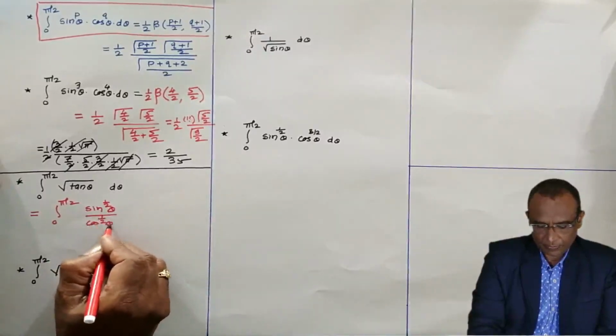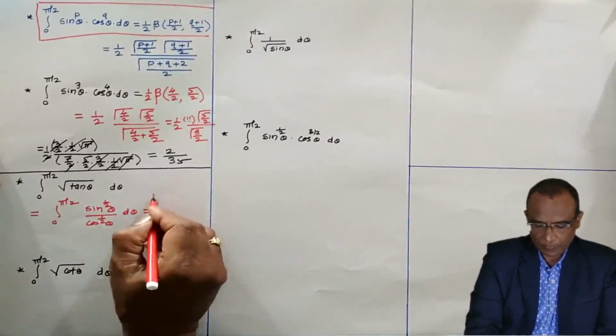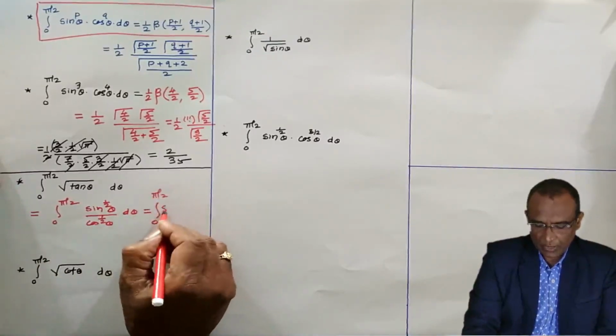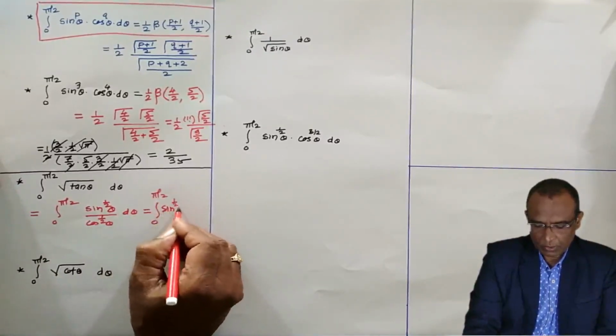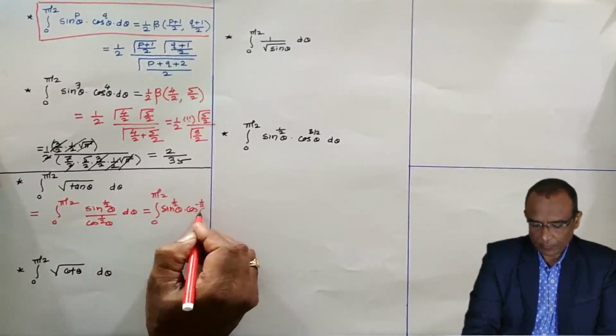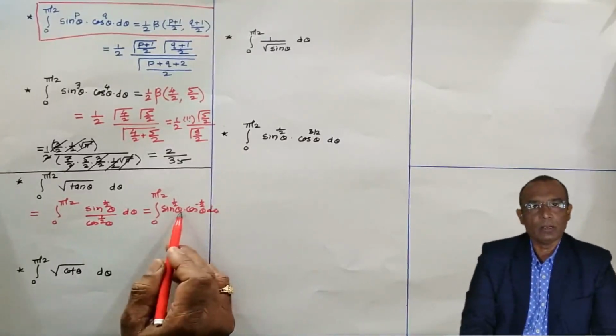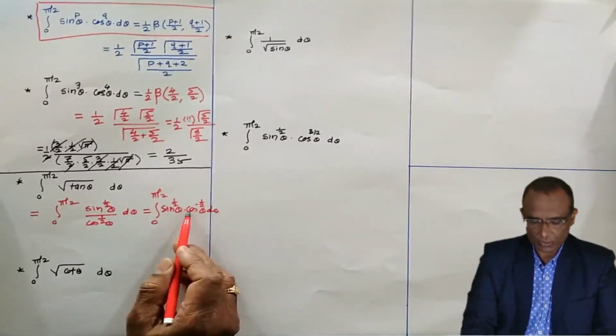Directly writing, and next step, 0 to pi by 2, sin power 1 by 2 into cos power minus 1 by 2.